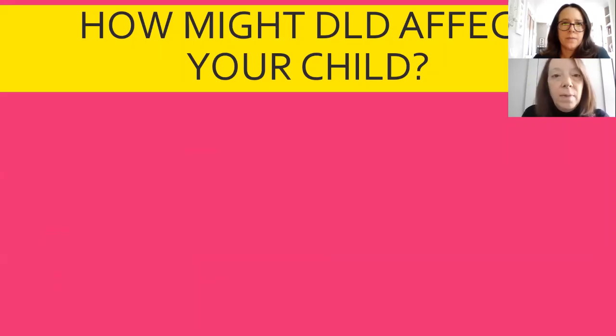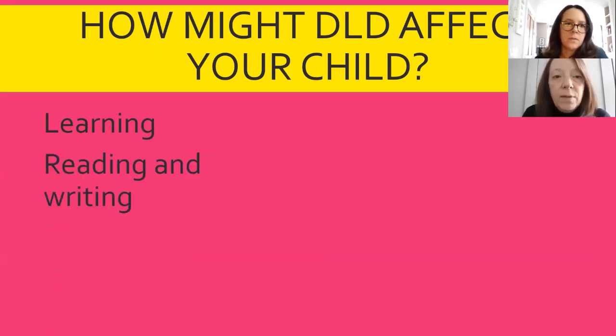So how might DLD affect your child? Well, we know that DLD will affect their learning in school because language is used in every lesson throughout the day. DLD may also affect your child's reading and writing, thinking of words they want to say, knowing how to put the words together in a sentence, and understanding different types of sentences and words when they read them.